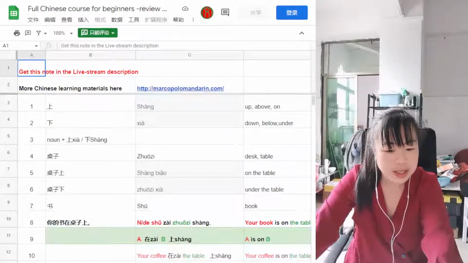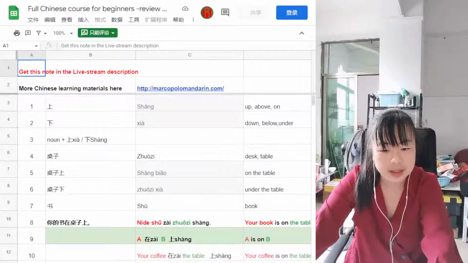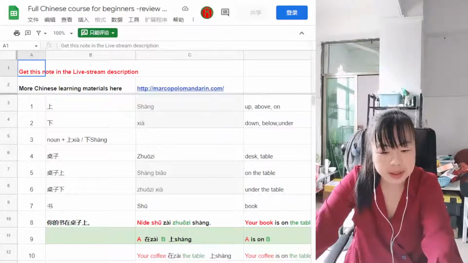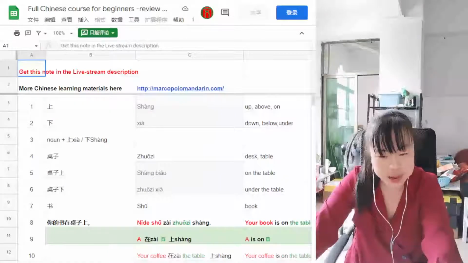So we can say 桌子在车站前。桌子在车站的前边。桌子在车站后。桌子在车站的后边。桌子在车站后边。The 的 is optional.